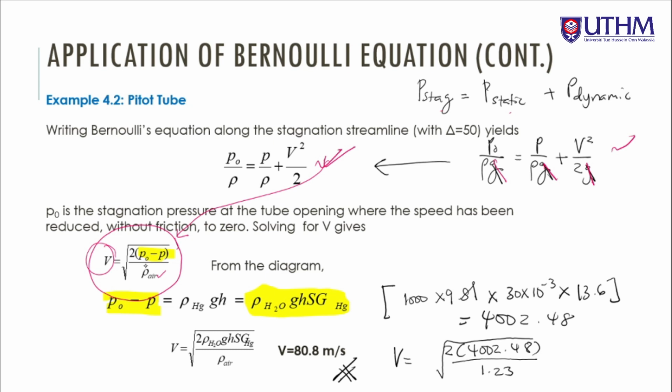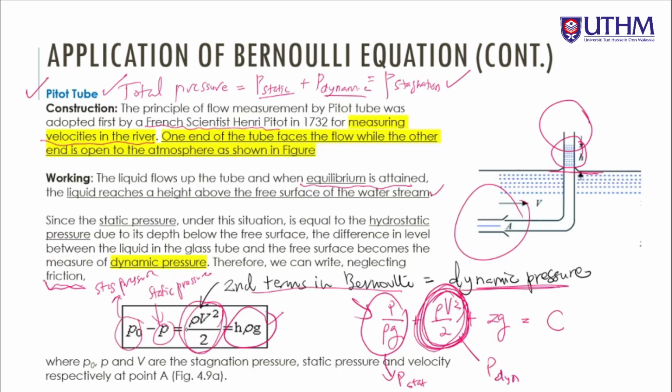Okay, P stagnation minus static pressure. So ini juga dalam ni sebenarnya sama dengan rho GH kan. Kalau kita tengok ni, sekejap saya buka balik. Okay, so this one is actually the rho GH.